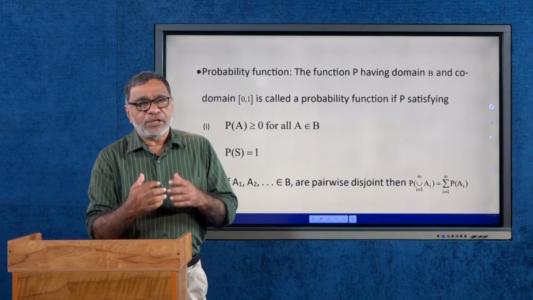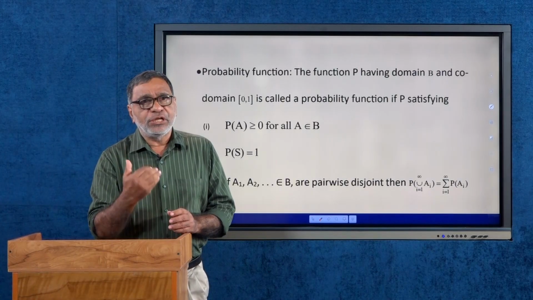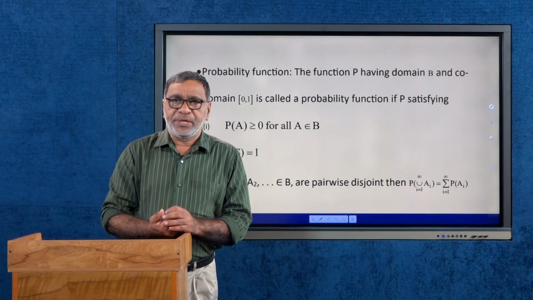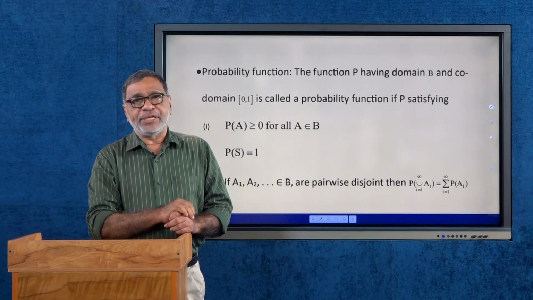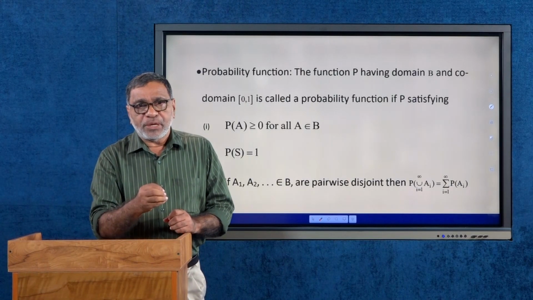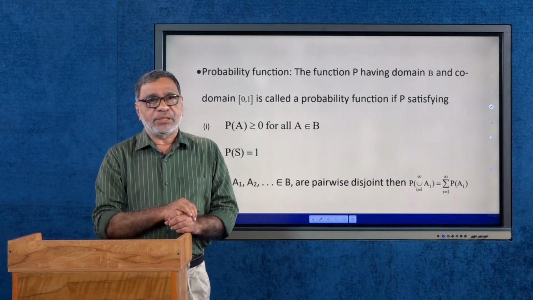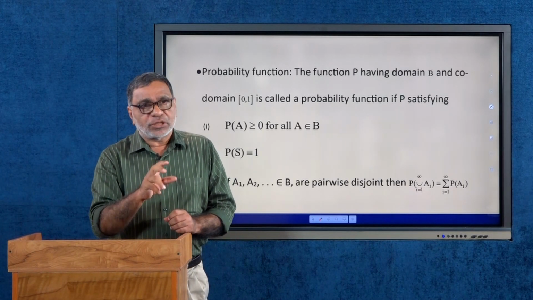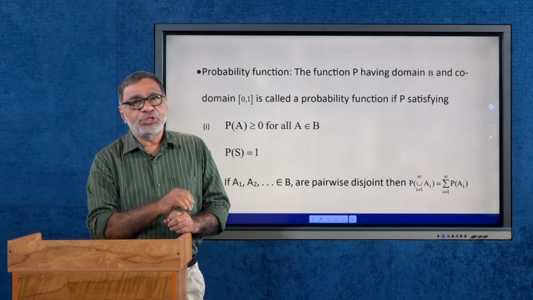Usually we denote the probability function by P, and the domain of the function is the sigma algebra B. The sigma algebra means subsets of the sample space of the random experiment. And the codomain or range is 0 to 1, that is, real numbers between 0 and 1.